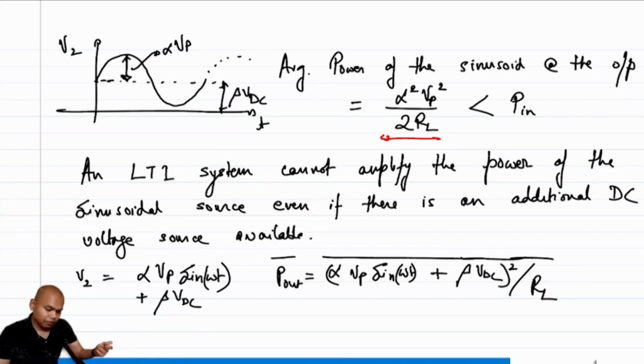There will be another term which is the cross product of VDC and sine omega t. If you average that out, the average of VDC sine omega t will become 0. You will be ending up with two terms, out of which only one will give you the power of the sinusoid. I encourage you to do this exercise yourself.